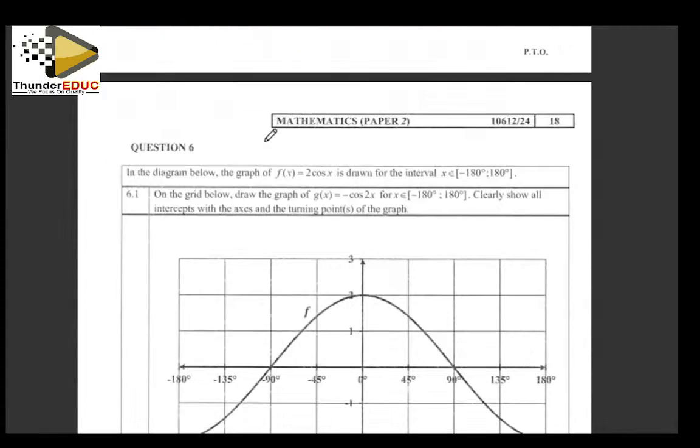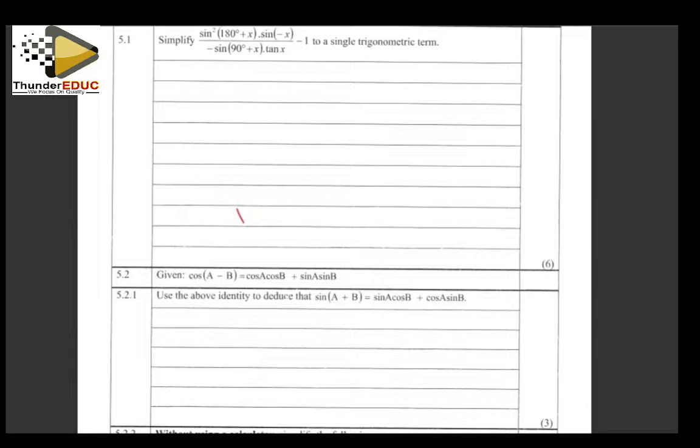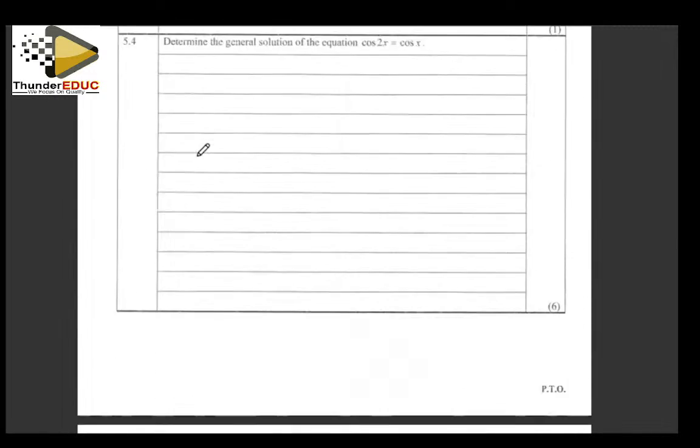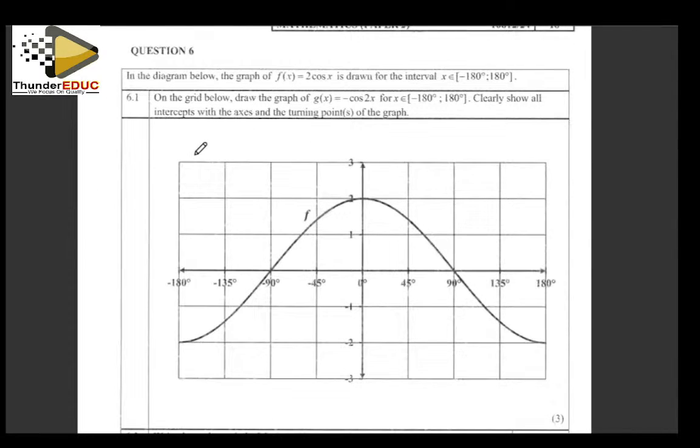And then question number 6. They are telling us that in the diagram below, we have f, which is 2 cos x, drawn in this interval. On the same grid, they want us to draw negative 2 cos 2x.